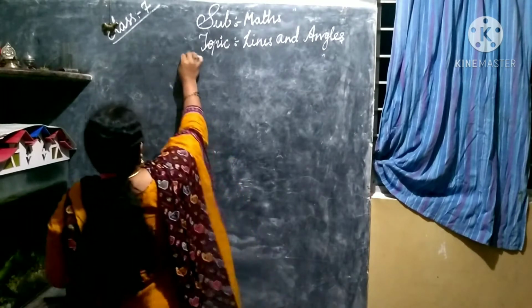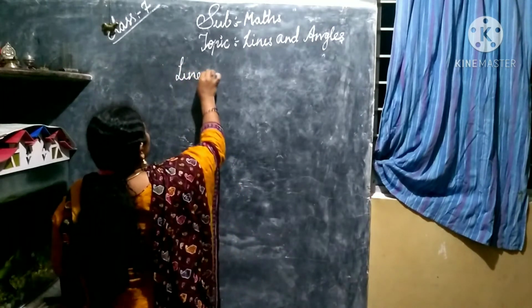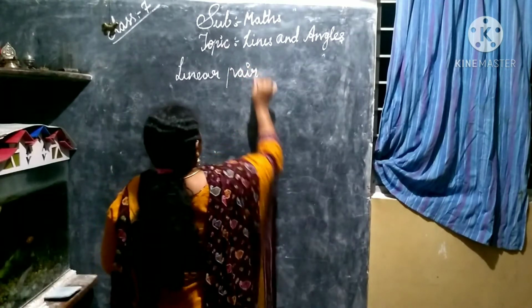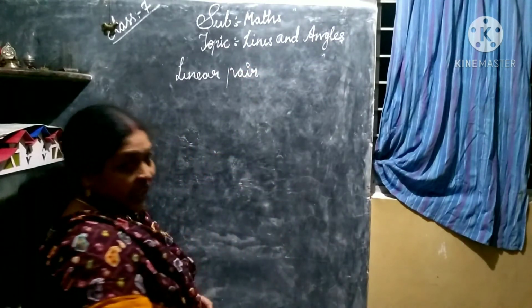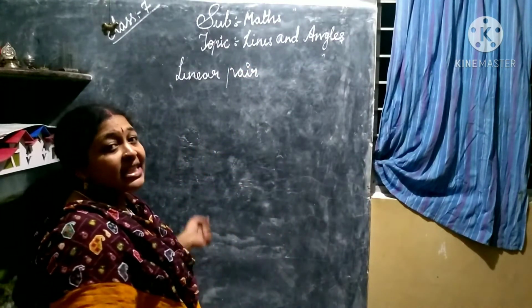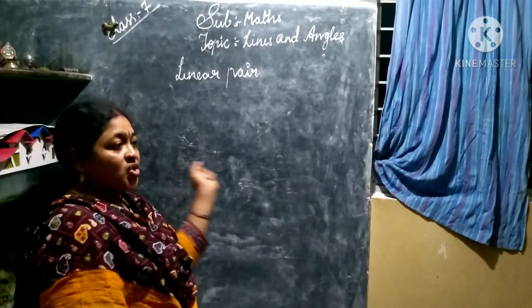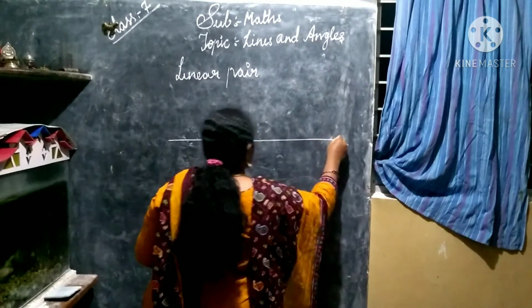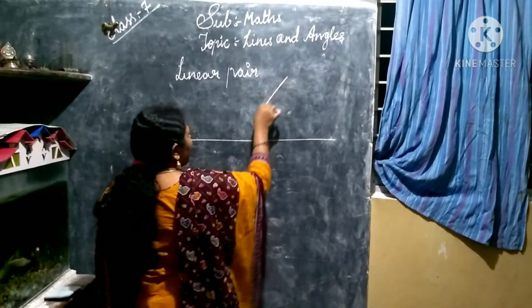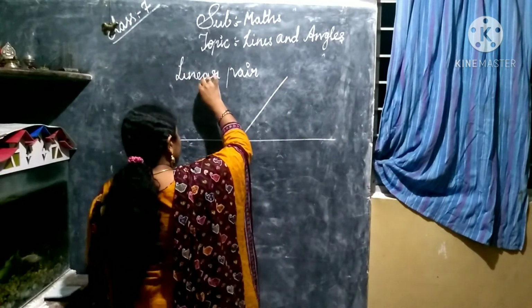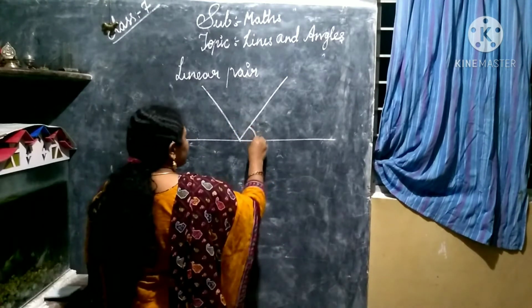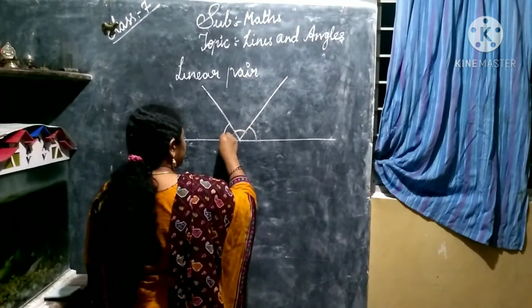Next we will go on to the linear pair. We say linear pair when the angles lie on a straight line. Now, could you see there are three angles formed here.